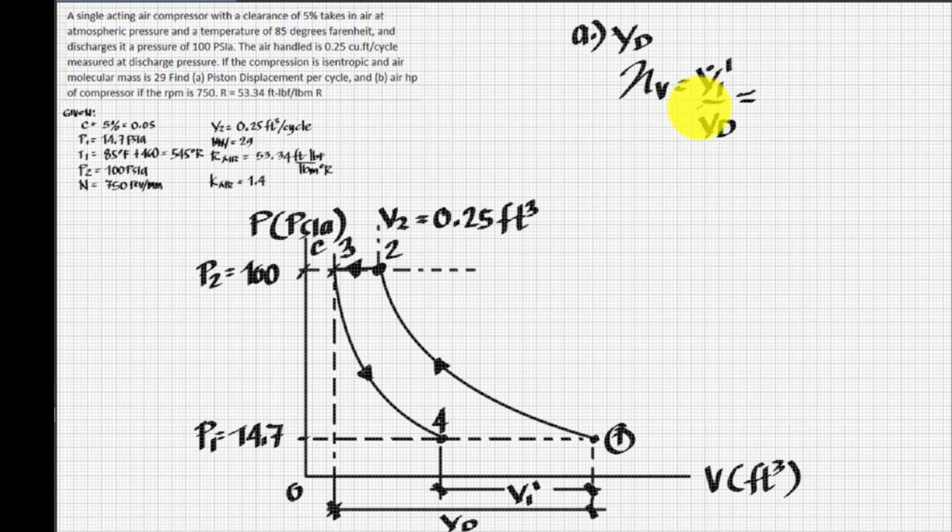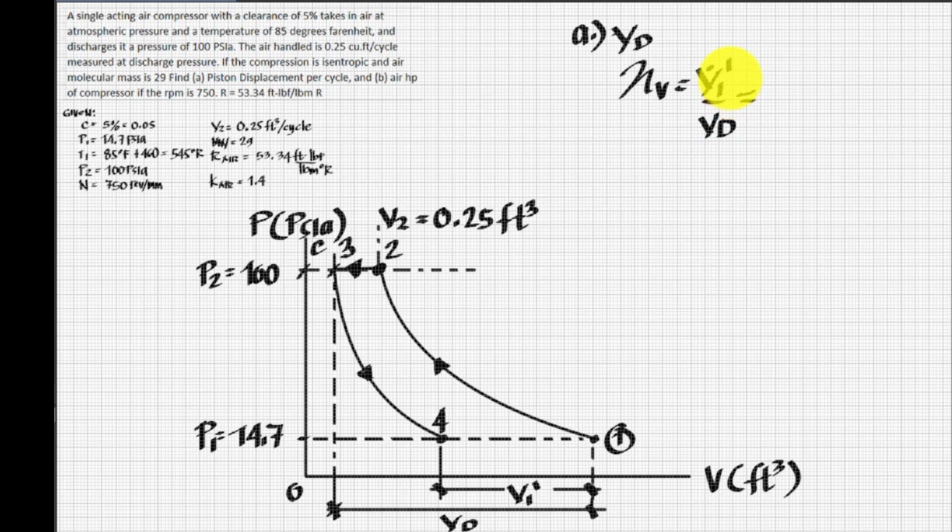Do we have the volumetric efficiency? Let me check. For the volumetric efficiency, still, we don't have the value. So we need to find the value of the volumetric efficiency.